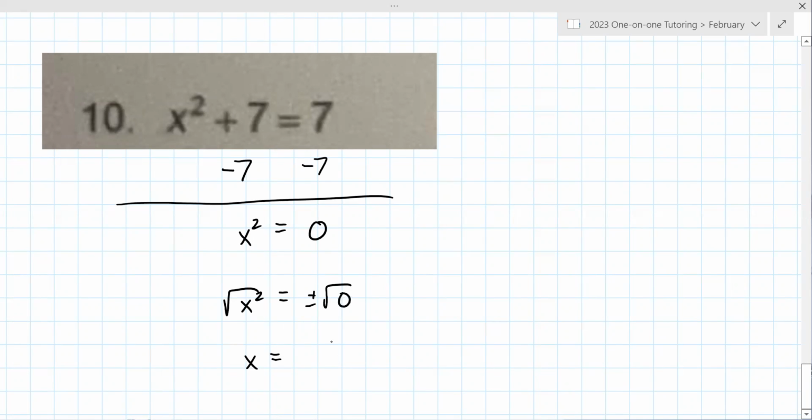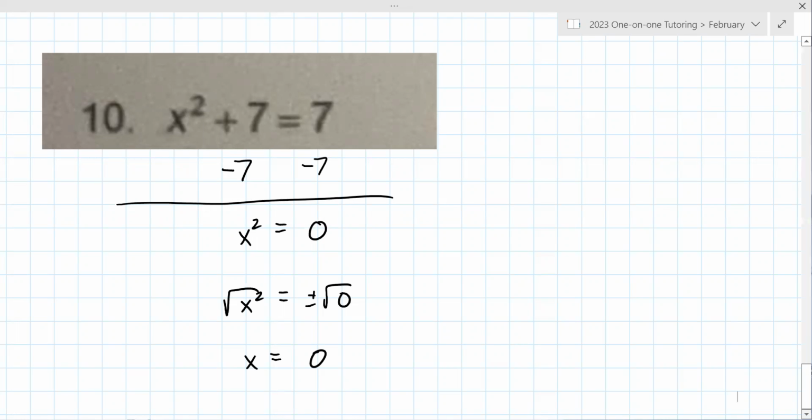There's no such thing as a positive and a negative 0. There's just a 0. So this is the only answer. It's an exception to what we've been doing. It's not plus 0, minus 0. It's just 0.